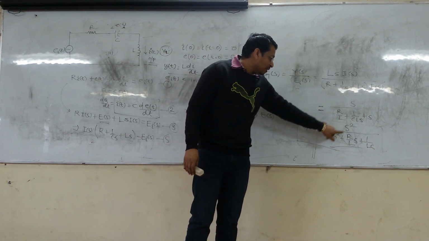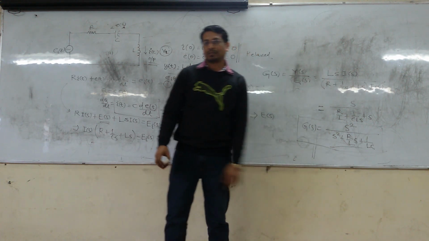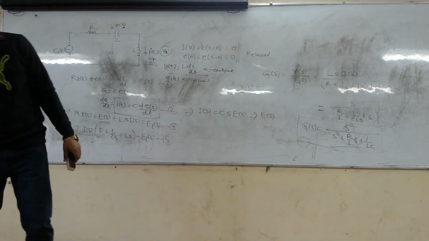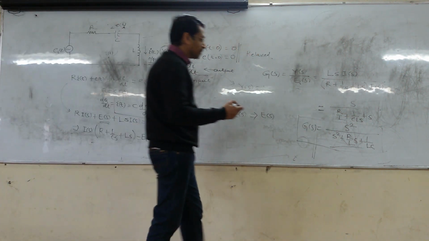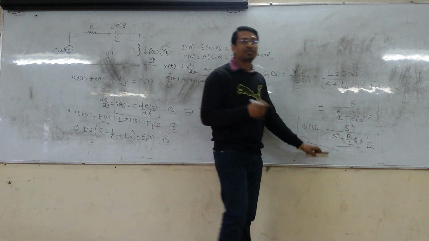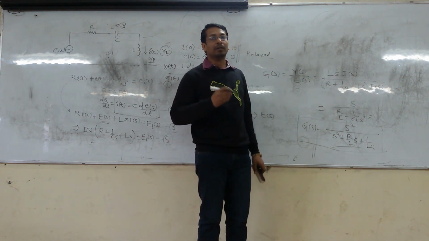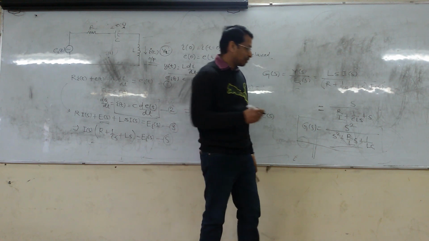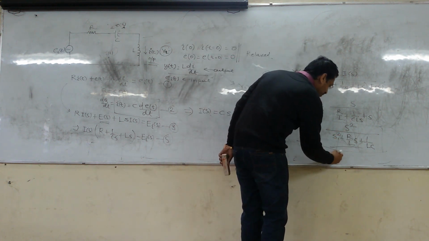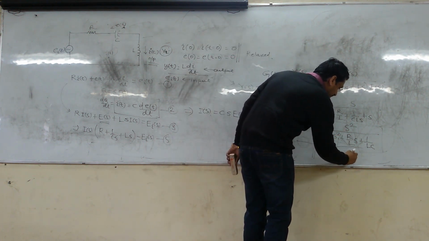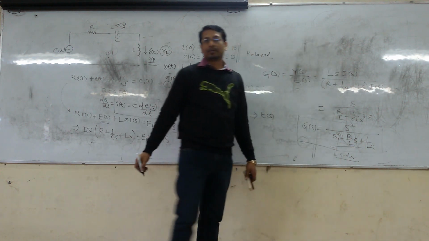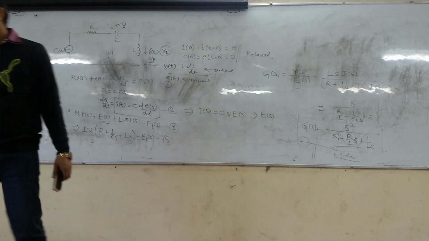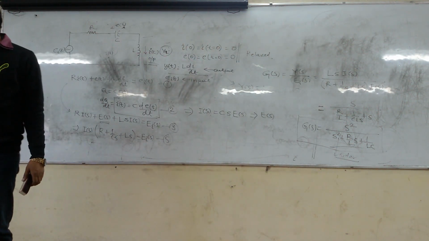Not by looking at this, but by looking at this. Okay. We are going to focus on the denominator. The highest power of S present in the denominator itself will be the order of the system. So this is the order of the system. Correct. I hope the things are clear to you.